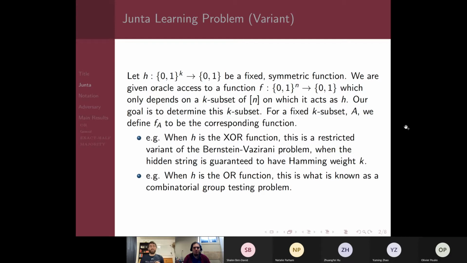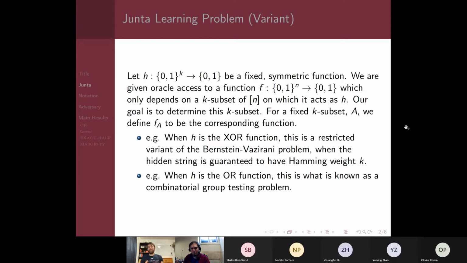The Bernstein-Vazirani problem is where you take the dot product of some hidden vector with your inputs. And here, when you're taking the XOR, that is just the dot product mod 2 with a vector of size n that is the characteristic vector of this subset A.